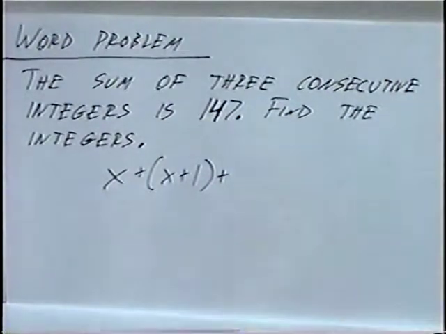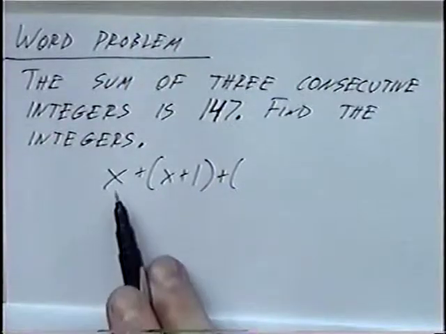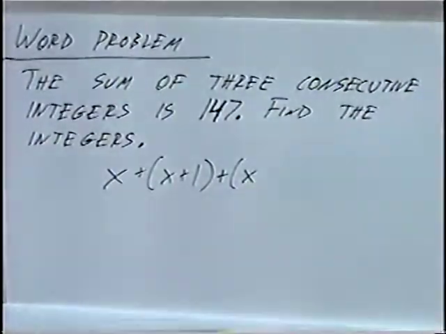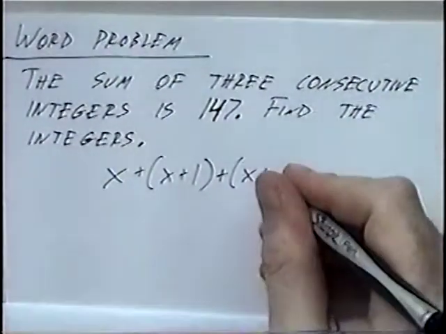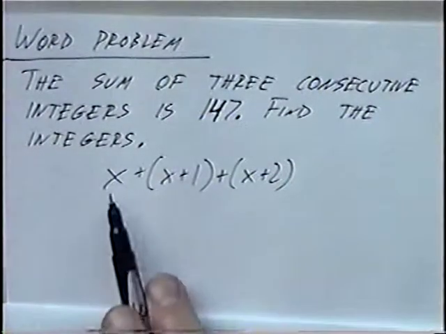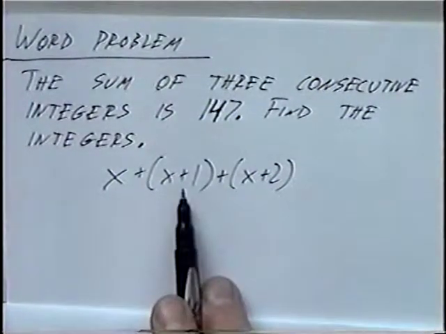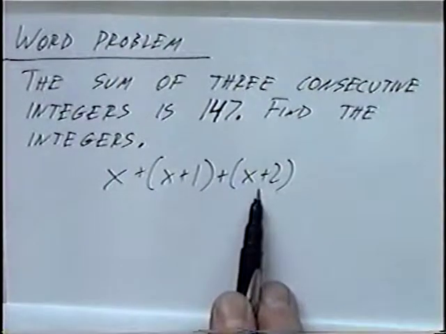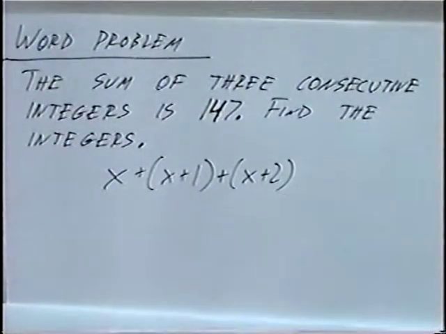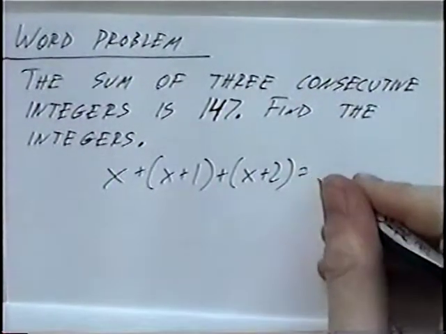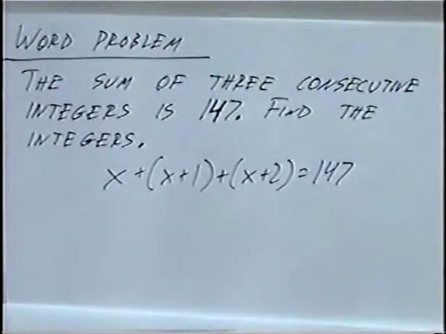And since we have three numbers, we'll add the third number to it. The next integer after that would be x and we'll add 2 to it. So x is the first integer, adding 1 is the next integer, and adding 2 is the last integer. The sum of all those equals 147.